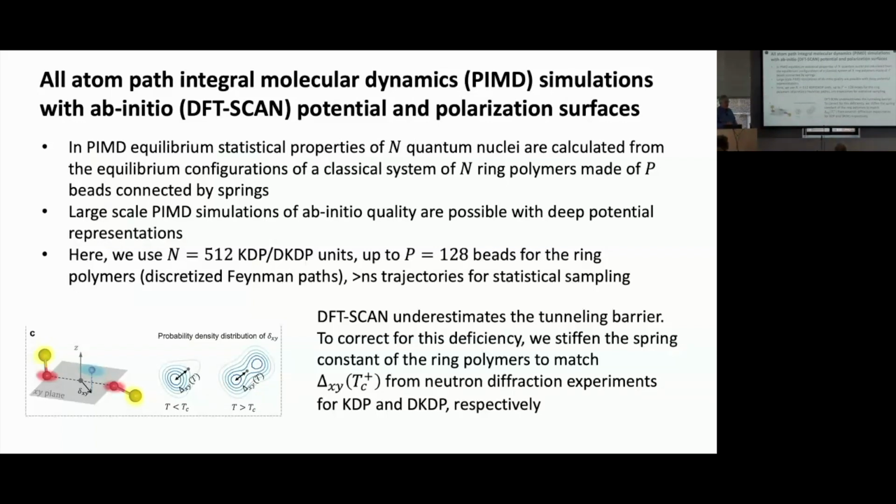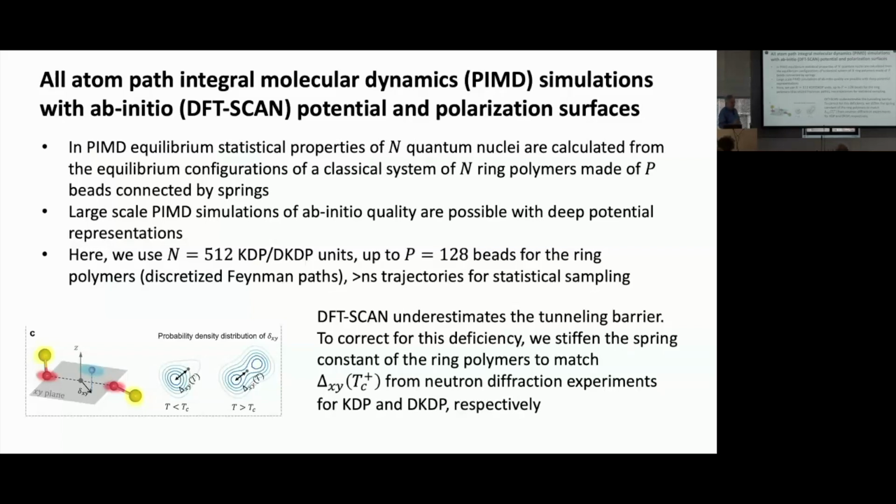As soon as we switch on the quantum zero-point motion, the system becomes paraelectric. And therefore, we had to reduce this effect. In order to reduce this effect, we stiffened the spring constant of the ring polymer to match the values of delta that are extracted from diffraction experiment.